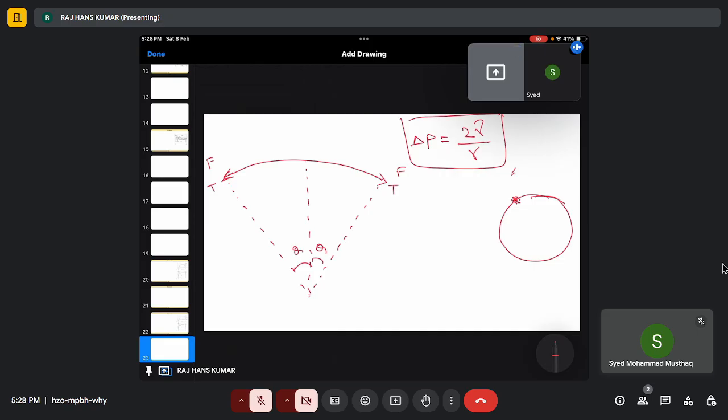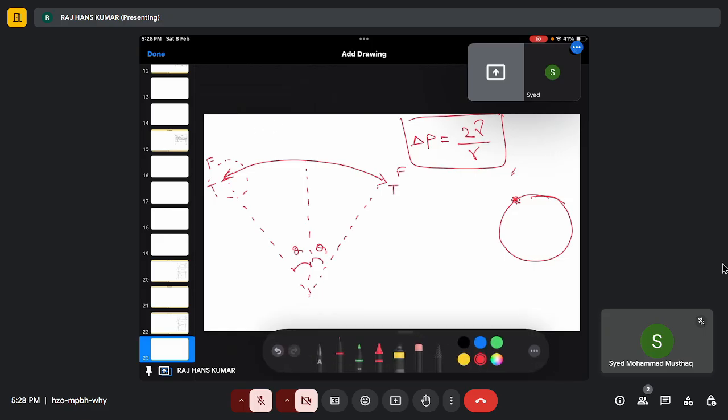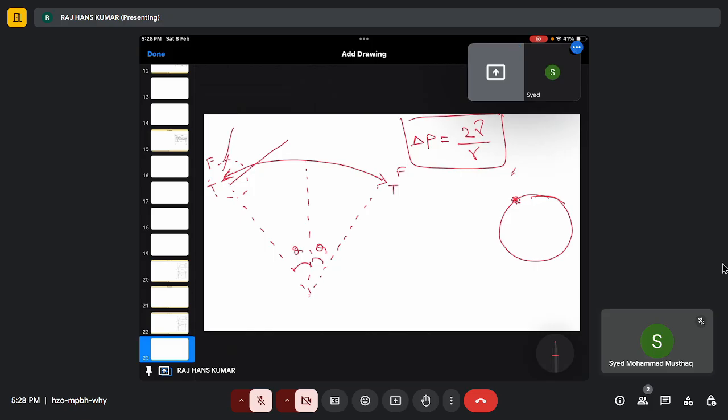Then if this is my T, and again I zoom this part, it will look like this, right? So this is my T, these are my two sides. If this is theta, then this also will be theta. Now it's just basic angles and triangles. You can do that, or if you want, I can do that also.